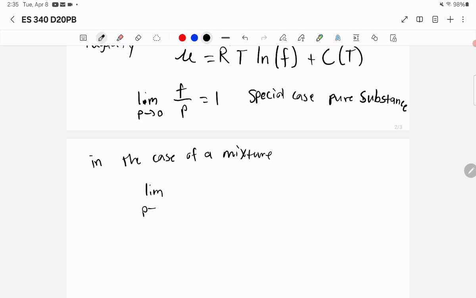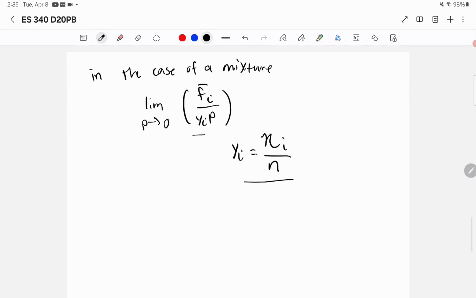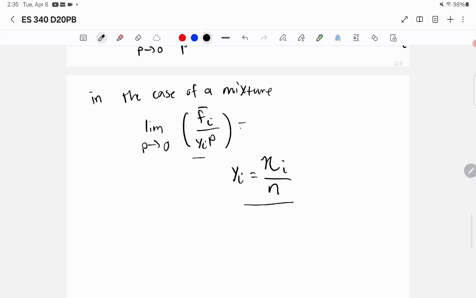The limit as the pressure goes to 0 of F bar, the fugacity, over Yi times P. Remember, Yi here is Ni divided by N, so it's the mole fraction. In that case, this goes to 1.